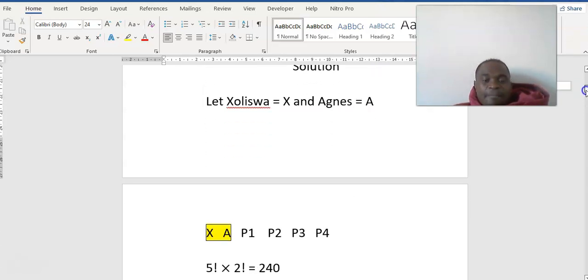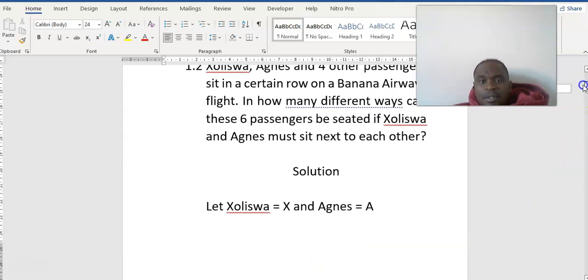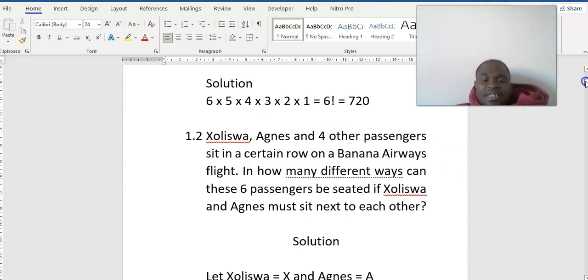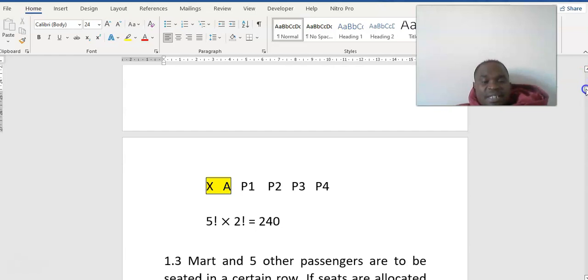So if you check here, Koliswa, Agnes, then we have 4 other passengers. I call them passenger 1, passenger 2, passenger 3, passenger 4.